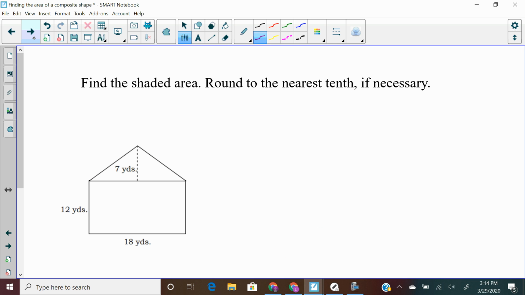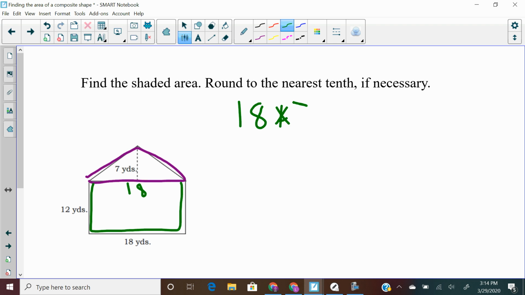This next shape is a rectangle and a triangle. Here's my triangle, and in a different color, I'll do the rectangle. The base of my triangle is also 18 because this is a rectangle. To find the area of a triangle, I do 18 times 7 divided by 2, base times height divided by 2. I get 63.